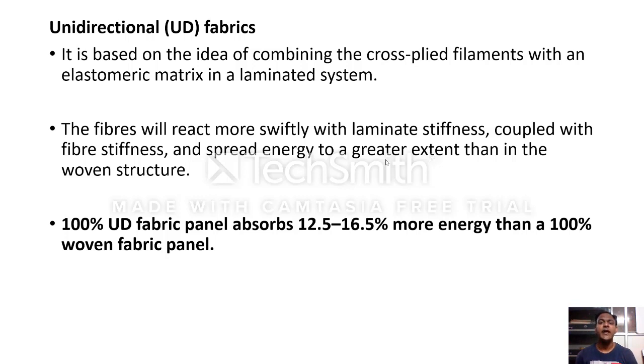A 100% unidirectional fabric panel will absorb 12.5 to 16.5 percent more energy than a 100% woven fabric panel. So you can see how advantageous it is to use unidirectional fabrics.